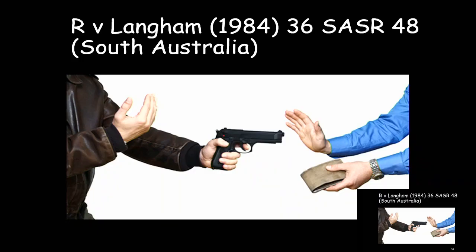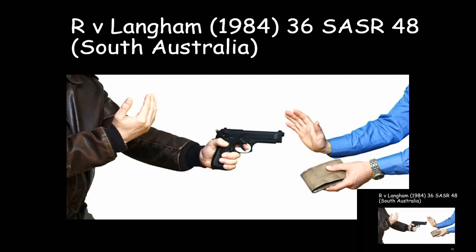Now, he was charged with robbery, in fact, he was charged with aggravated robbery, I think, and he was, in the end, not convicted of that offence because the court said that he had a claim of right in relation to the demanding of the money, and that knocked out that portion of the offence.